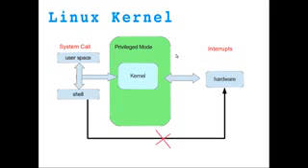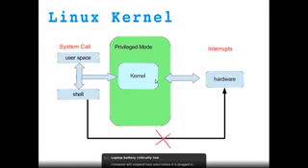And in turn, the kernel makes its form of a call to hardware via interrupts. So the hardware interrupts the kernel, tells it has data for it, or the kernel talks to the hardware, writing information to the hardware.